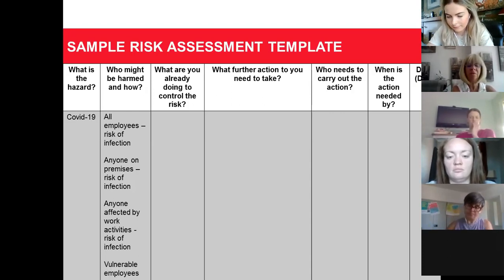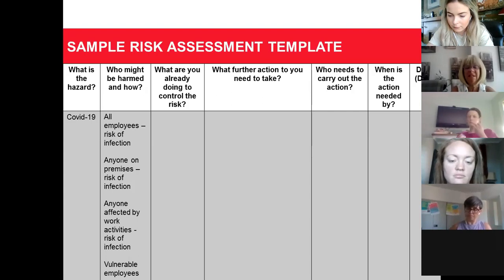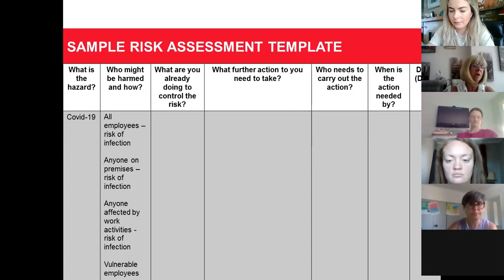And also, when you're looking at who can be harmed and how, just think about that you may have employees or people that you come into contact with who might be particularly vulnerable, and you might have to put special or more enhanced arrangements in place for certain people that you are trying to protect.